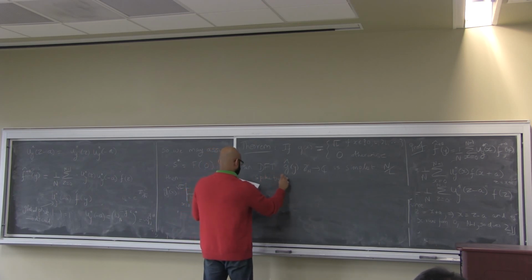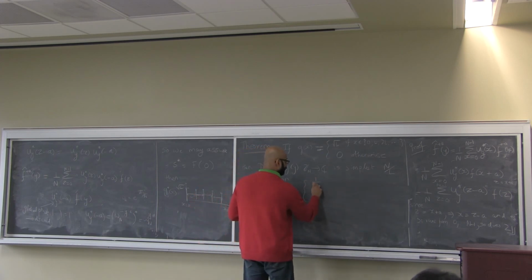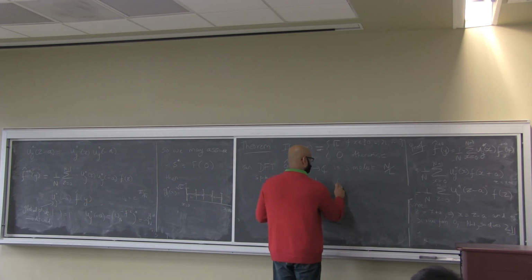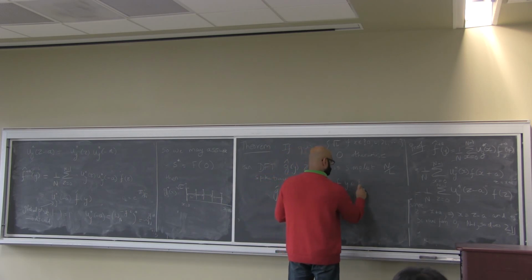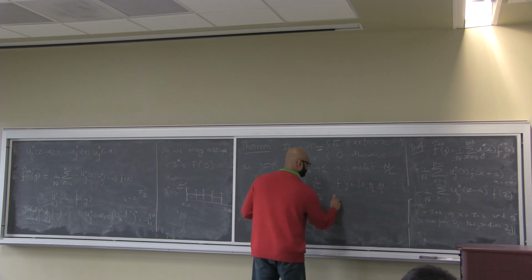And what I mean by that is G tilde of y is equal to, now I claim, 1 over root L if y belongs to 0, n over L, 2n over L, etc., 3n over L, and 0 otherwise.